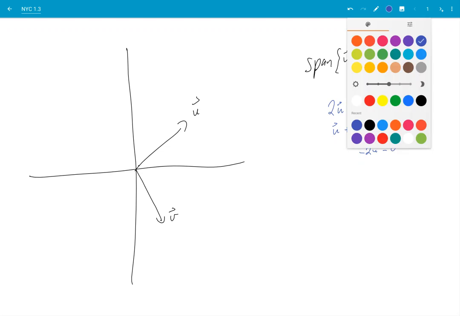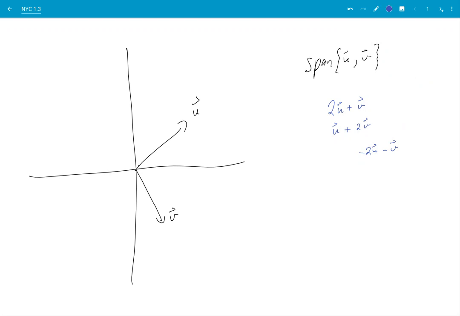So what do these things look like? Okay, so if I do 2u plus v, what happens? You get 2u would be about here. And then you add v to come down to about here. Oh, that's not a straight line at all. Too much coffee. 2u plus v.